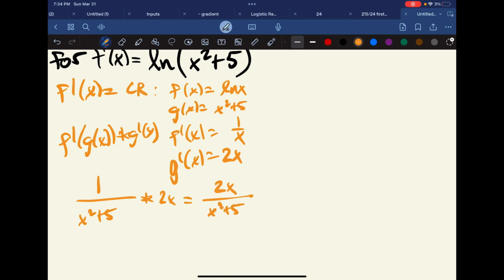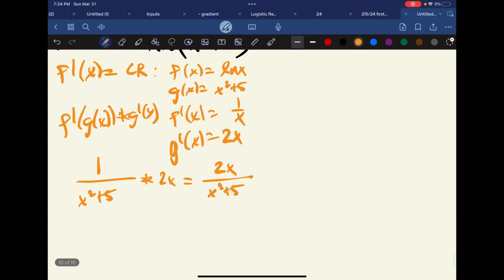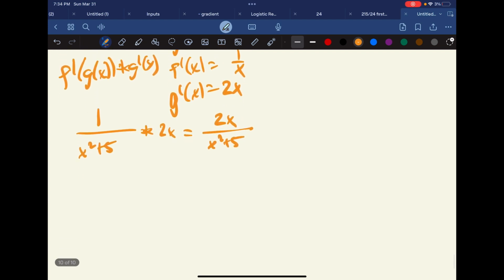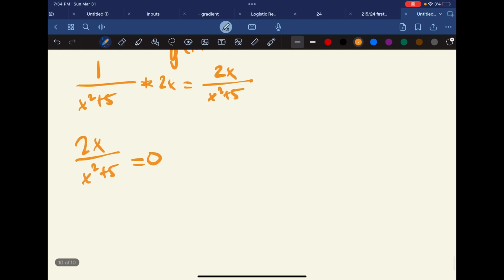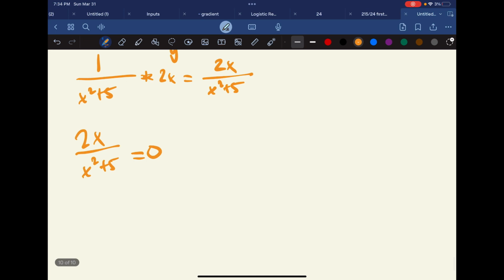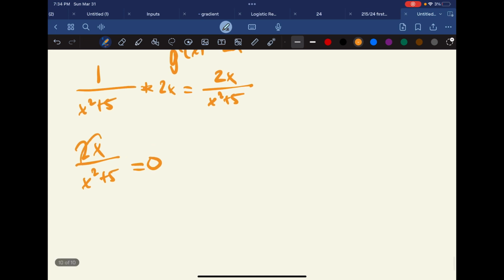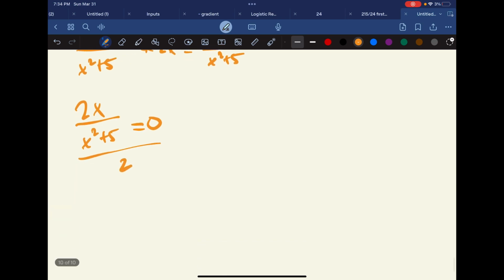which we can write as 2x over x squared plus 5. Now this is our first derivative, so we want to set it equal to 0. So 2x over x squared plus 5 equals 0. Let's divide both sides by 2.